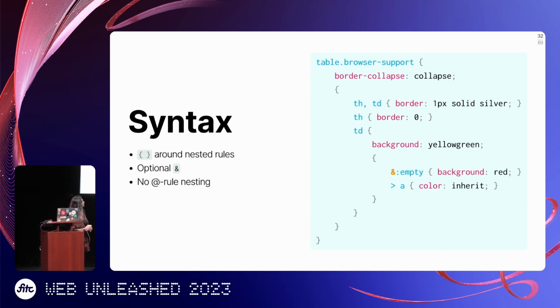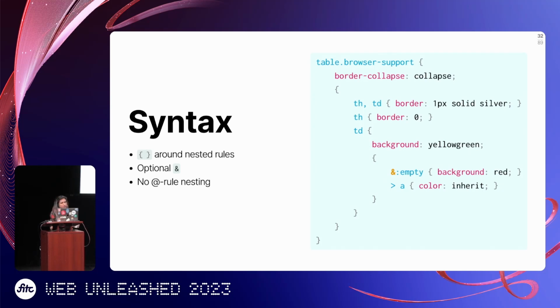Actually, the very, very first nesting proposal, even CSS working group members don't know that it started like this. The very, very first nesting proposal had braces around the nested rules, and then the syntax inside the braces could be basically the Holy Grail syntax. The only difference from the Holy Grail syntax was that you had to include braces around all the nested rules, and you could not have declarations in there.